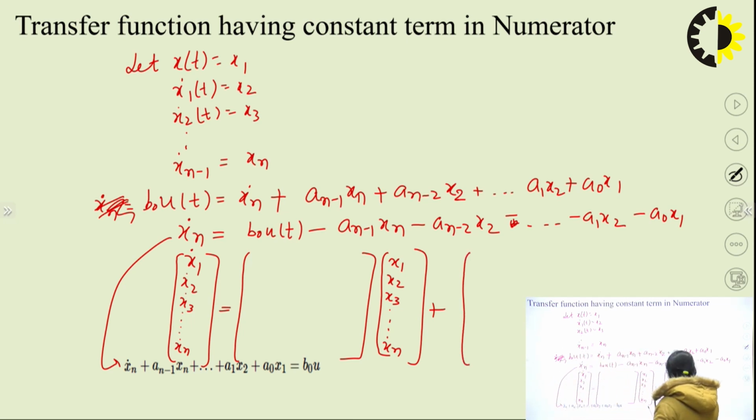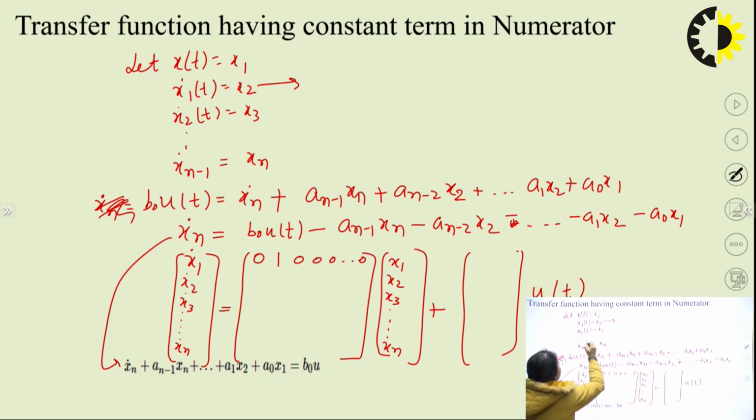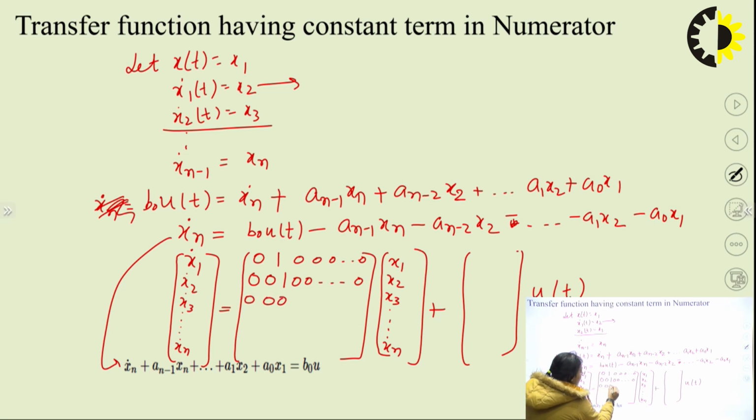So here I am having b into u(t). x1 dot you can get from here, equal to x2, so I write 0, 1, 0 and so on up to the last. Then x2 dot is equal to x3, so I write 0, 0, 1, 0 up to the last. Similarly, x3 dot will be equal to x4, so here 0, 0, and so on.